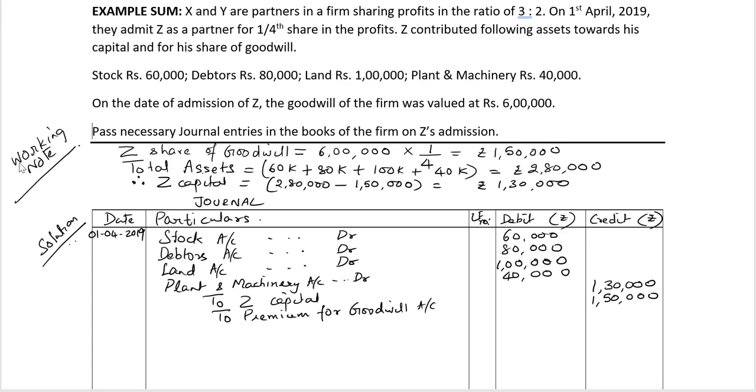Narration: Being capital and premium for goodwill brought in kind by partner Z.